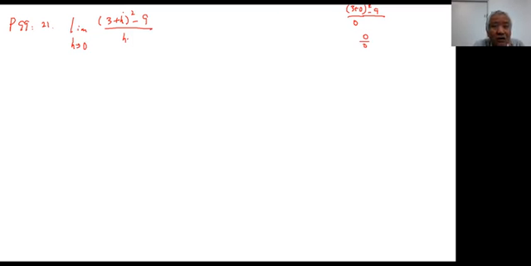Indeterminate means we don't know. 0 over 0 may be huge, may be constant, may be 0. It depends on how fast the top and the bottom approach 0. If the top approaches 0 way faster than the denominator, that's 0.